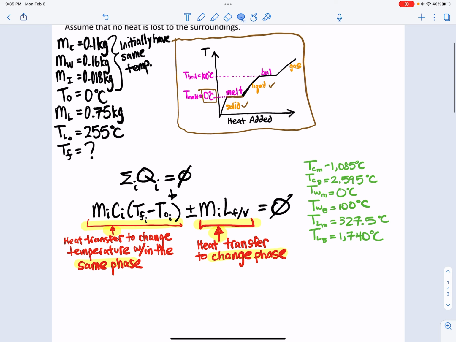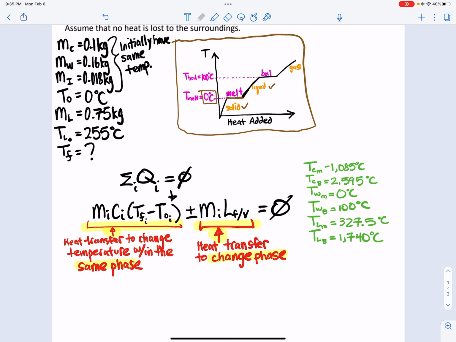Okay, so I know that my initial temperature is 0 degrees Celsius. The lead that I introduced to the system is initially at 255 degrees Celsius. So I'm just going to look at the melting point and boiling point of each of my materials and see if it's within that temperature range.